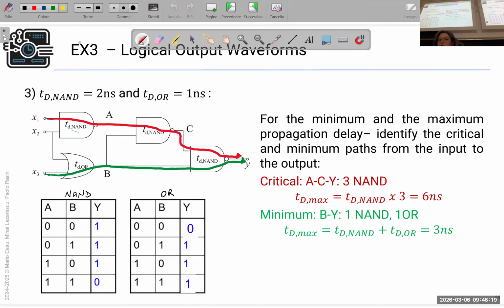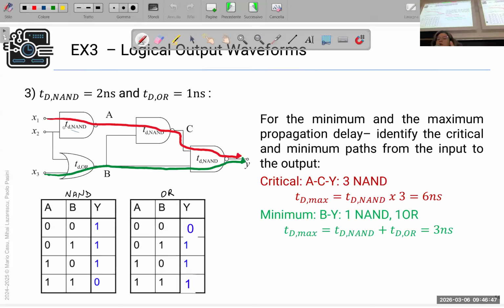And in this case, if you look at the circuit, which is the longer path that you can draw? It is the one that goes through the 3 NANDs, because they have the higher delay, and they are 3. So the total delay is 6 nanoseconds. The shorter path is the one that goes from the OR to the NAND, to the last NAND.